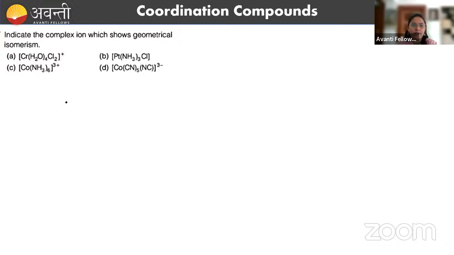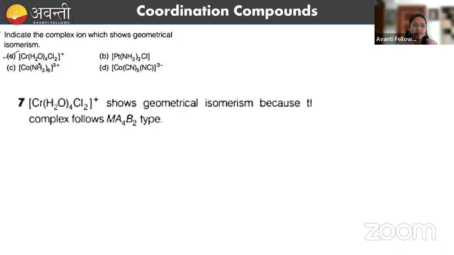Thank you for responding. So here answer A is the correct answer because it is MA4B2. Okay, it can show cis isomer as well as trans isomer. How is it going to show the cis isomer? This is our metal atom. Okay, cis means what? Here B will be present and B here. A are present here.